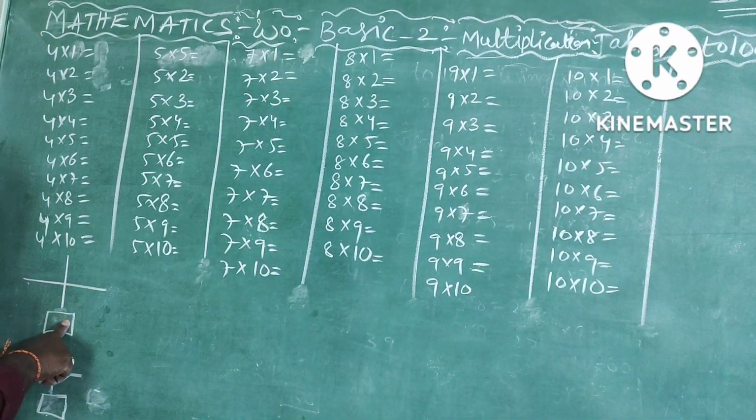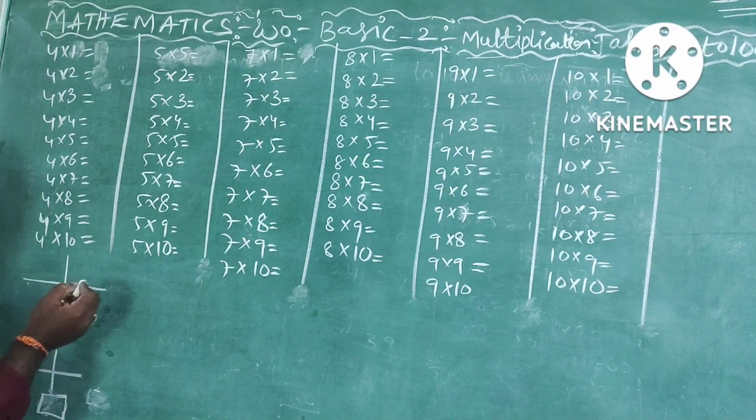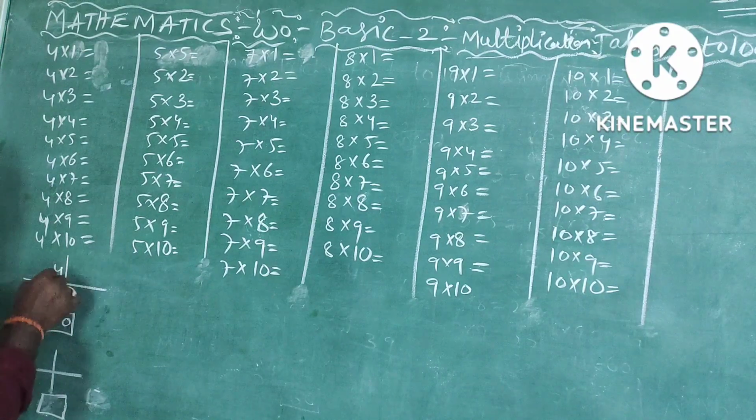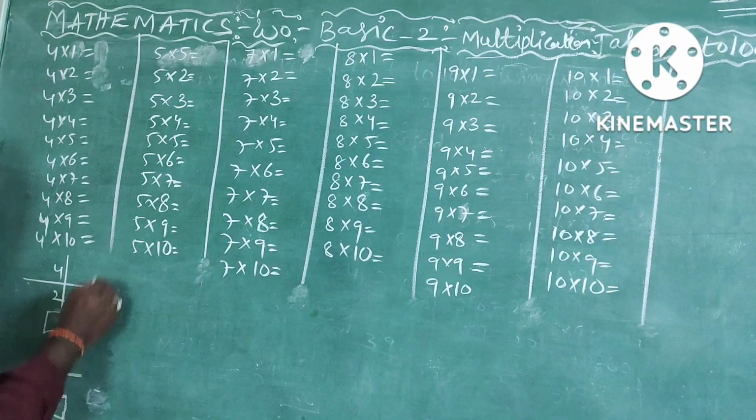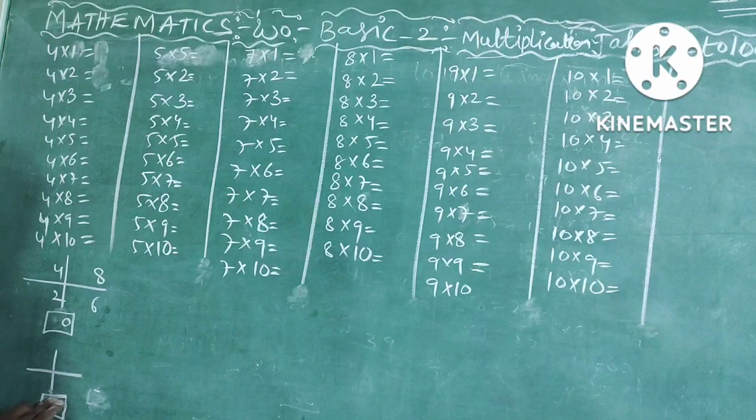In the 3 table we start from 0 onwards, but here take the even numbers. What are the even numbers? 0, 2, 4, 6, 8. Again here also the same process: 0, 2, 4, 6, 8.